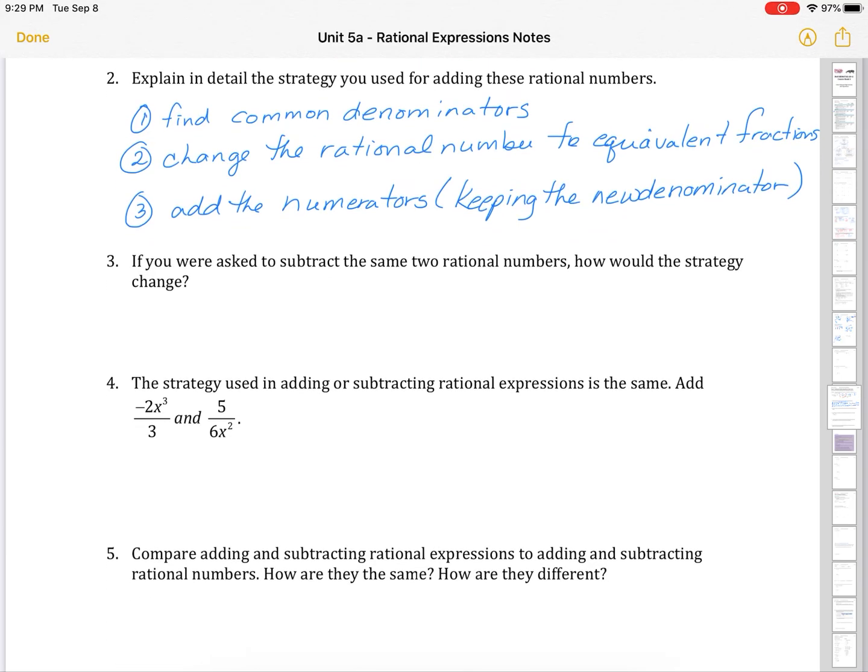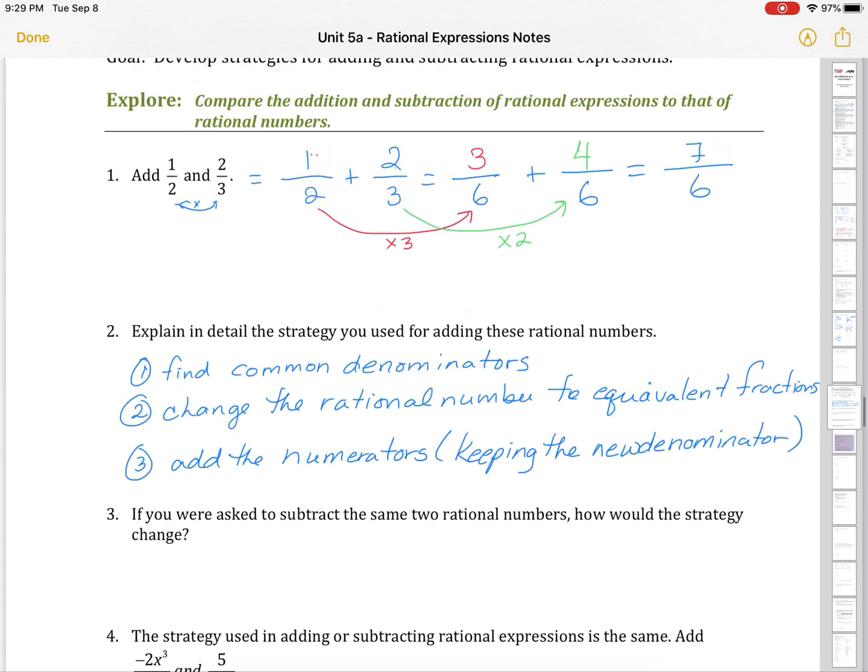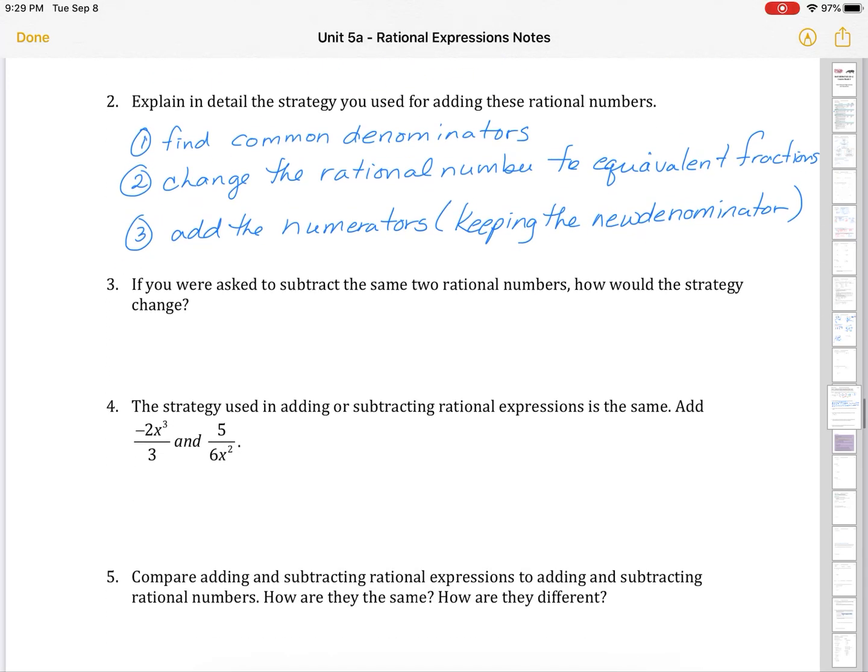Now, if we're going to subtract the same two rational numbers, how would the strategy change? Well, the only thing that would change, if we look at these, we've got 1/2 minus 2/3. I'm still going to find the same common denominator, which is 6. I'm still going to convert to equivalent fractions, so the 1/2, I times it by 3, so I would get 3/6 here.